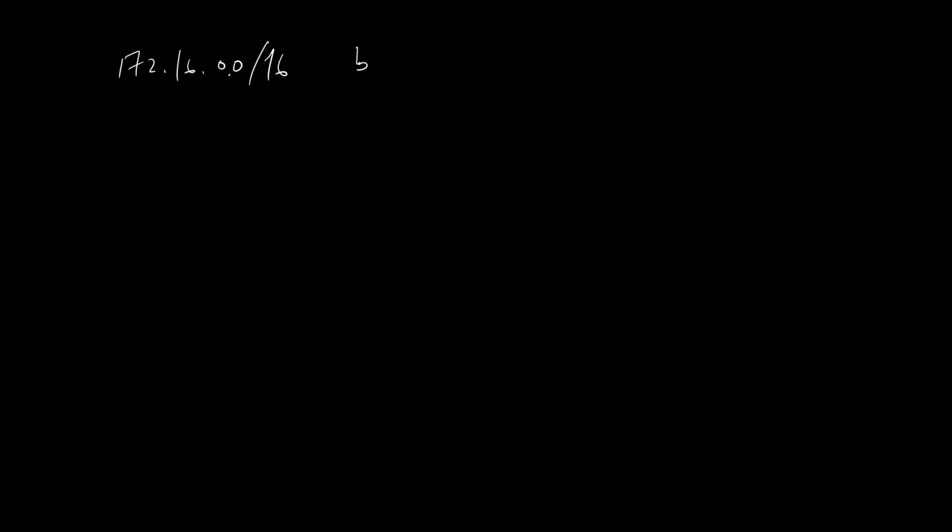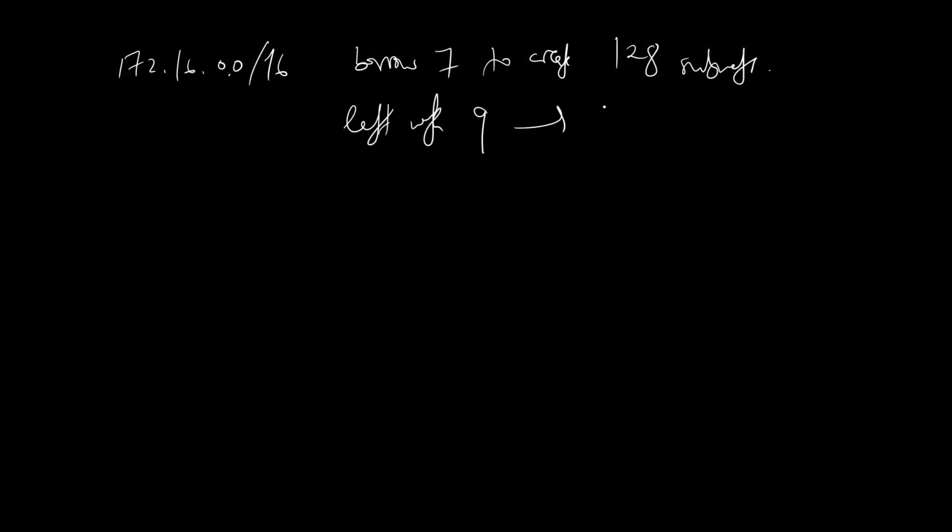We borrowed 7 bits to create 128 subnets. After we create the 128, that's where we get our 100. After borrowing 7, we are left with 9, which creates 512 host addresses.